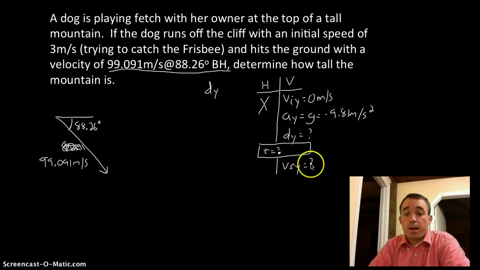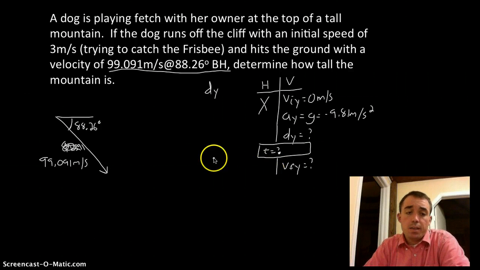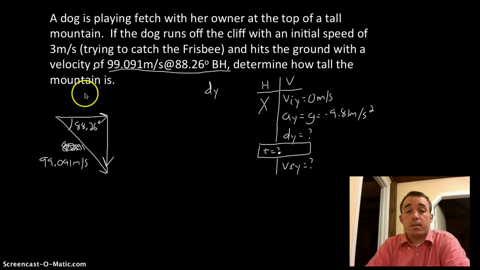If we know VIY, AY, VFY, we could find dy. That's the way I want to follow, because when you see an angle with a hypotenuse, the easiest thing to do is to simply break the hypotenuse into its pieces.